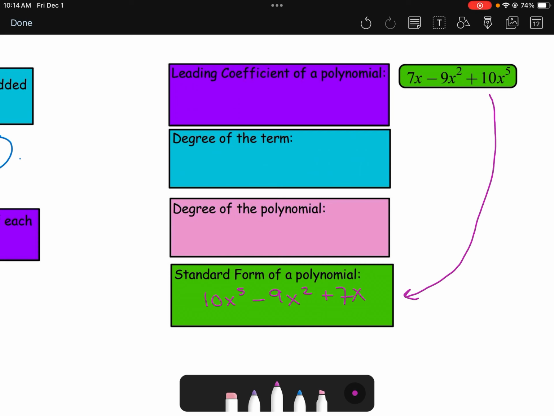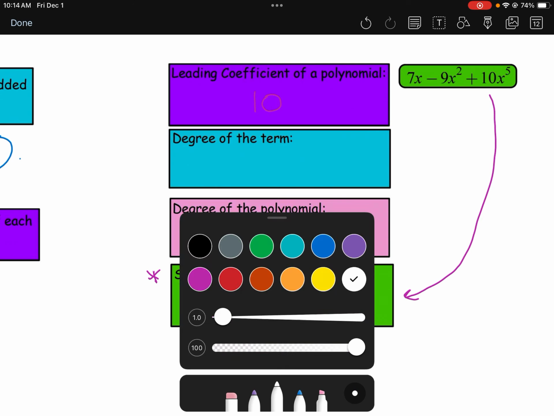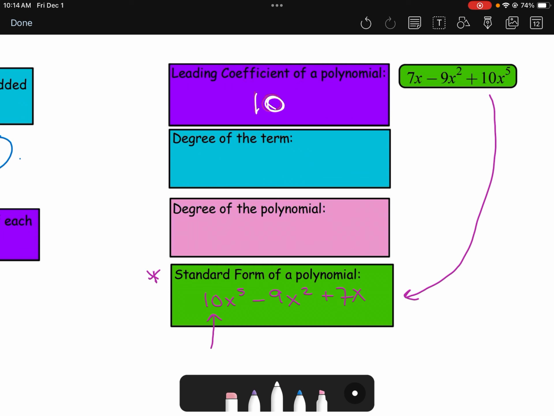Okay, so now let's look. I want to know, what is the leading coefficient of the polynomial? Remember, the coefficient is the number in front of the letter, and they want the leading one. This is why you have to put it in standard form first. So my leading coefficient is 10. Now, the degree of the term: how many terms does it have?